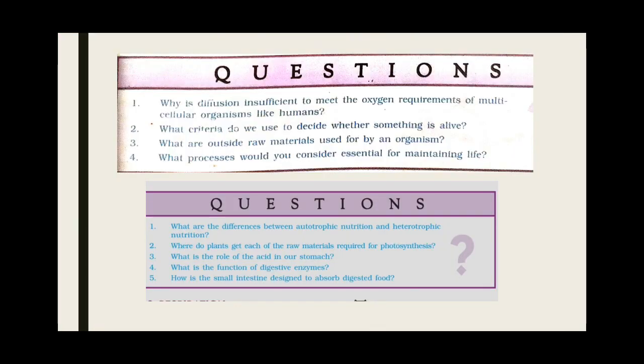Now, why is diffusion insufficient to meet the oxygen requirement of multicellular organisms like humans? We have already discussed it. How will you write? All cells of a multicellular organism are not in direct contact with the surrounding environment to deliver oxygen to all parts of the organism.